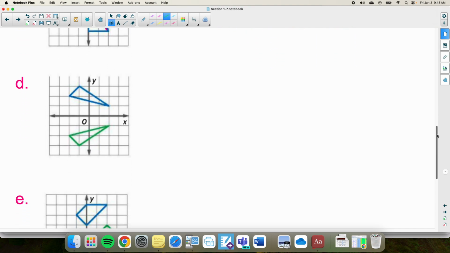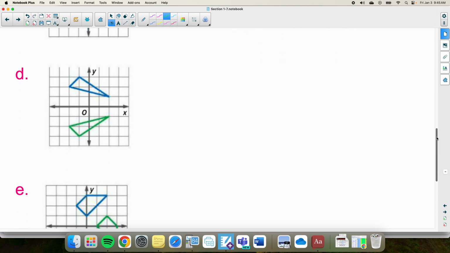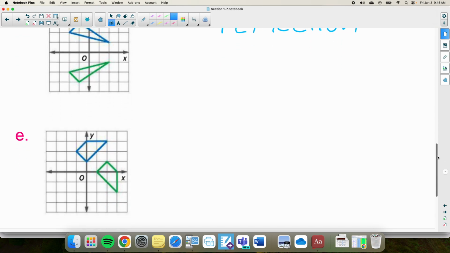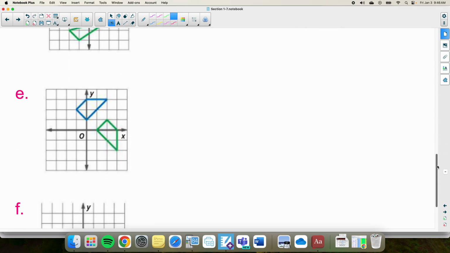And then here, reflection over the x-axis. So if you folded over the x-axis, they would map onto each other. Very good. And then if we look at E, rotation. That one is a rotation. It looks like it's rotated about the origin.